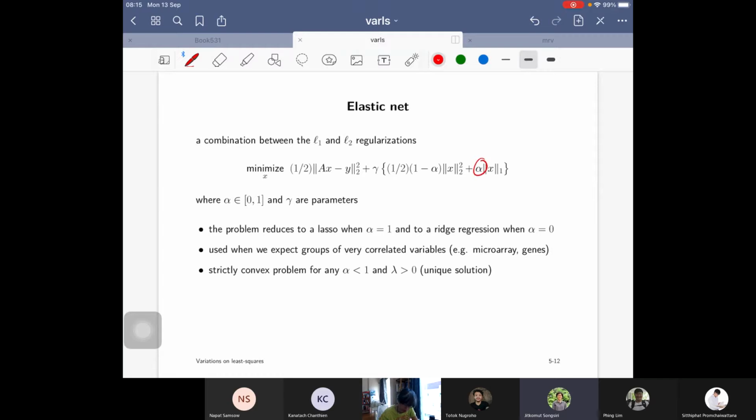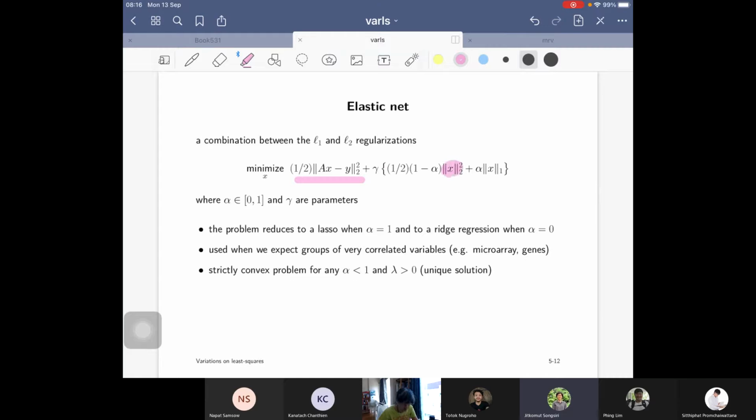All right, I was just talking about varying alpha. If alpha is large, it means that you tend to have a smaller L1 norm relative to the L2 norm term. And then you have gamma as a common penalty parameter for the whole regularization. If you take a look at this as an optimization problem, again, it falls into convex optimization, because the L2 norm squared is a quadratic function in x.